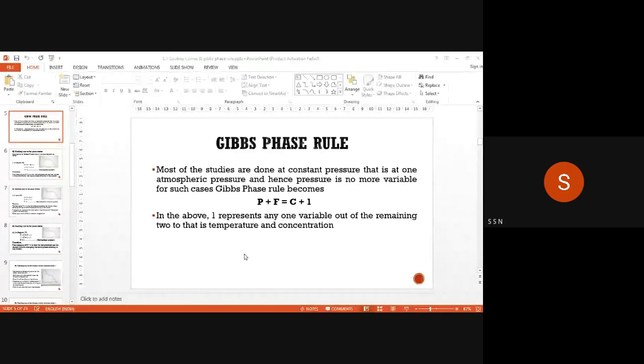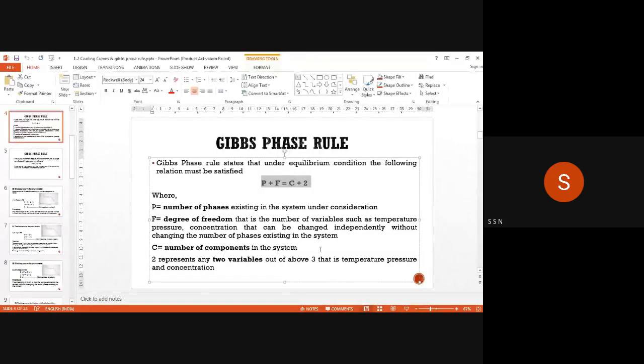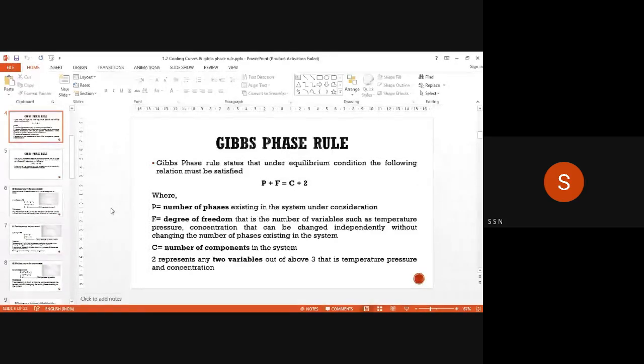Now, just write in the chat why we have taken 1 here in the Gibbs phase rule. The actual Gibbs phase rule says that under equilibrium condition the following relation must be satisfied: P plus F is equal to C plus 2, where P is the number of phases existing in the system under consideration, F is the degree of freedom, C is the number of components in the system, and 2 represents the variables.